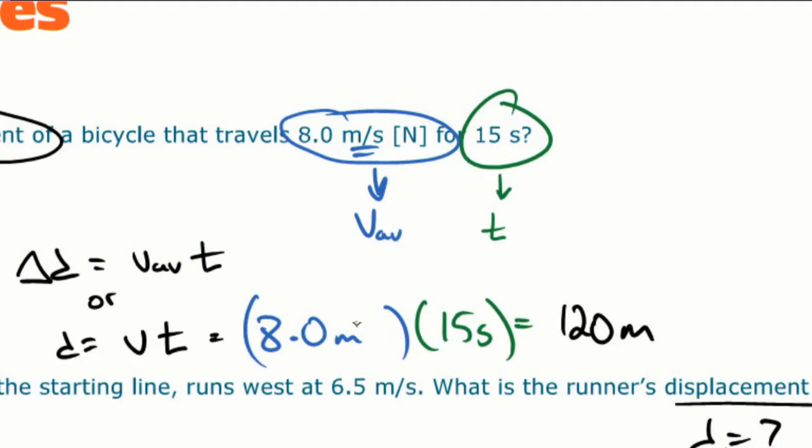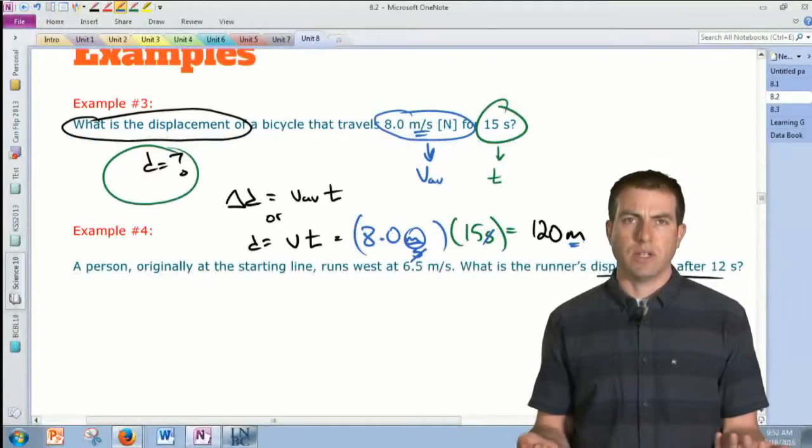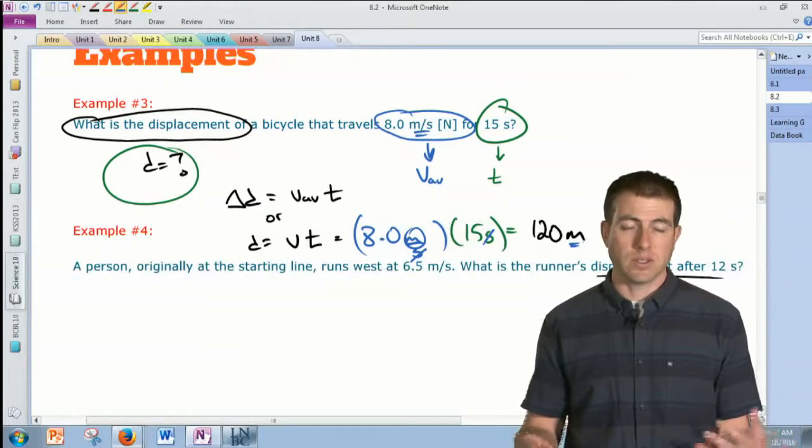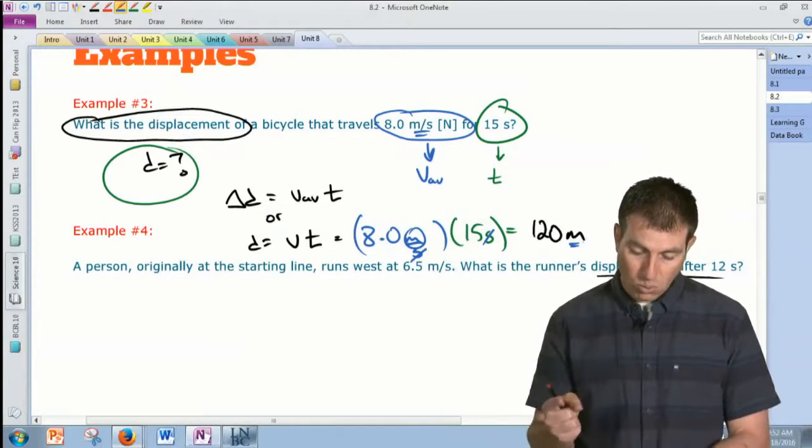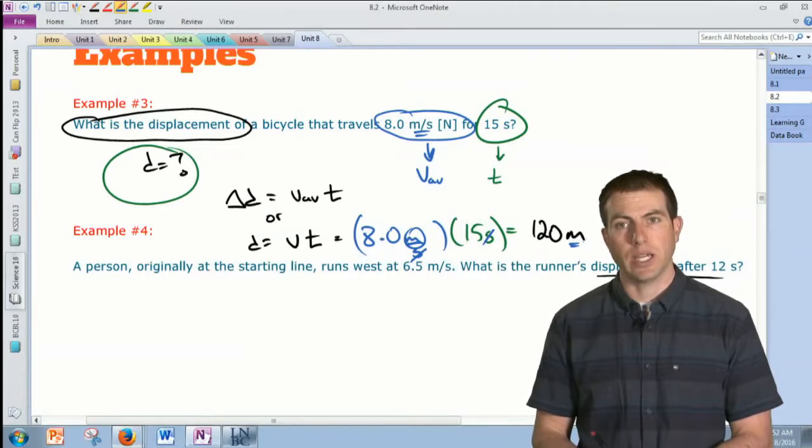If you think about this meters per second as being a fraction, I have meters on the top, I have seconds on the bottom, seconds on the top. They cancel, and I'm left with units of meters. I don't want you to get too caught up in the unit cancellation type stuff yet. If you can just think about it, oh, I'm trying to find a distance, so my answer should be in meters, there you go.